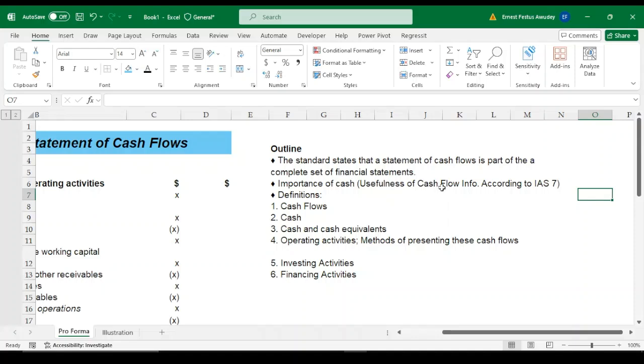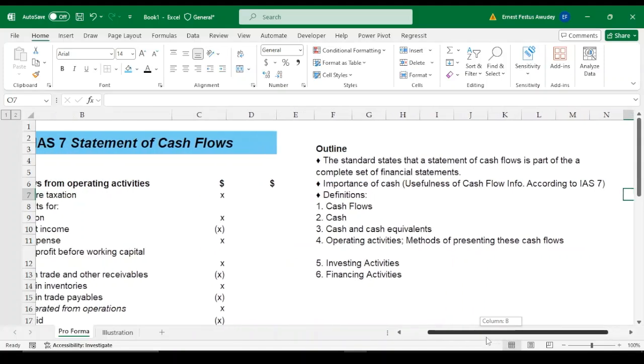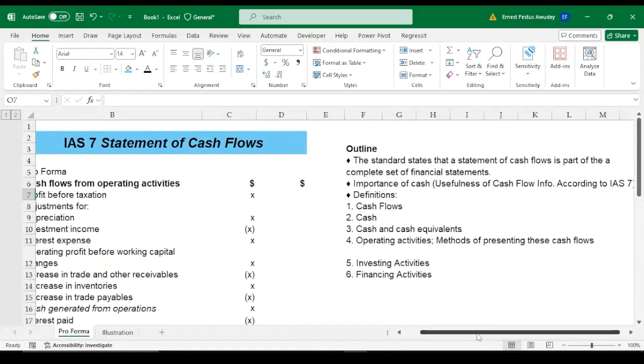Okay, the standard IAS 7 statement of cash flows has stated that the statement of cash flows is part of the complete set of financial statements that a firm or an entity should prepare. All right, so it is not an optional financial statement, it is a requirement to prepare the statement of cash flows, and hence it is very important for us to understand how to prepare this particular financial statement.